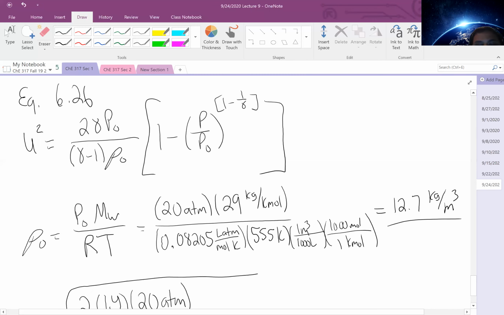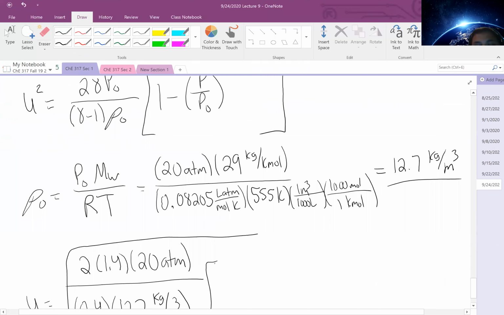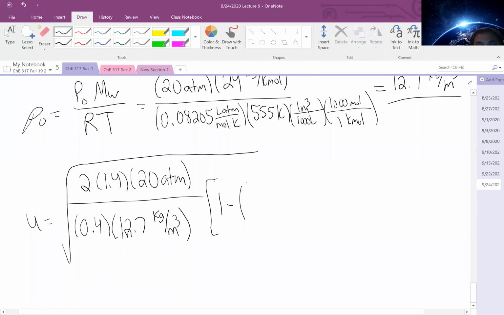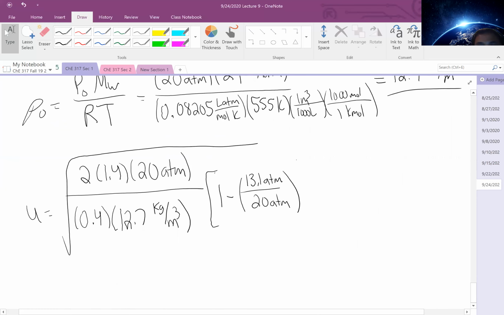And then we multiply this times the quantity within the brackets, which is 1 minus 13.1 atmospheres divided by 20 atmospheres, all raised to the power of 1 minus 1 over 1.4. So we basically have to find the resultant of this value and then take the square root.